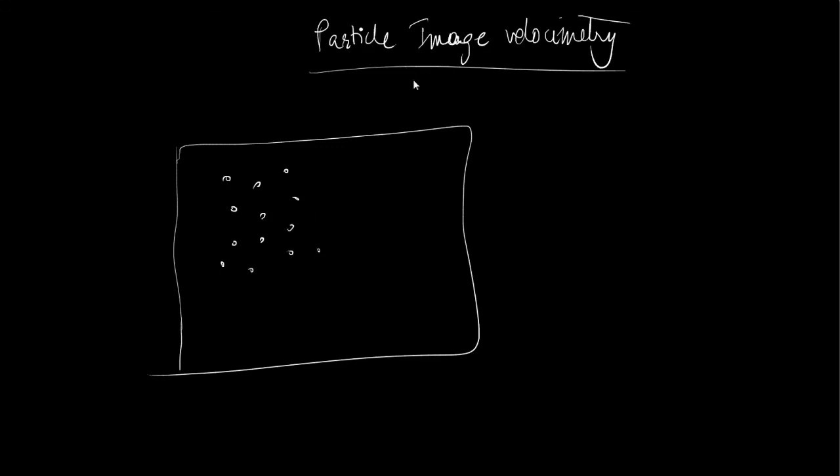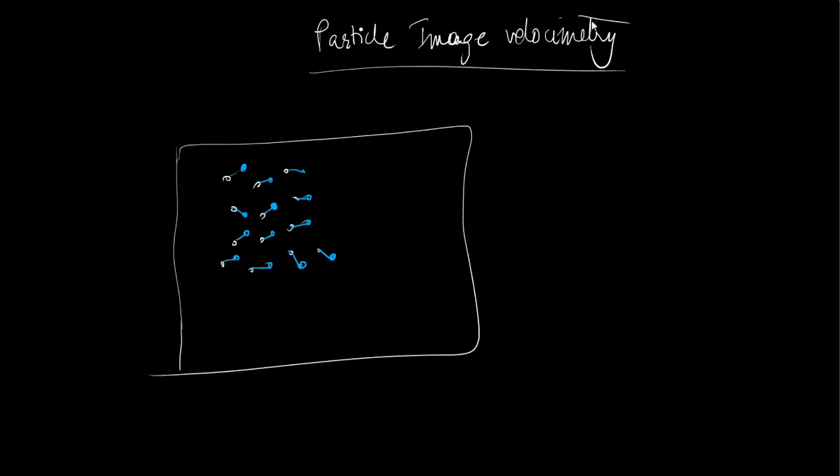Because of the flow, the particles go over here, over here, over here. So now you have two frames of photograph. The first frame is that of the white particle. The second frame is that of the blue particle. I'm just representing two different colors to show that they're actually two different photographs.